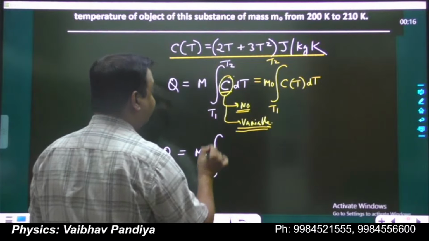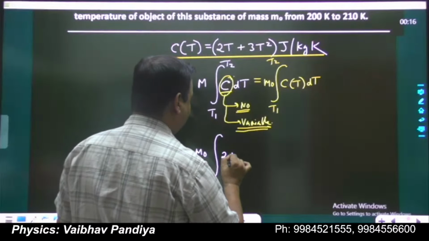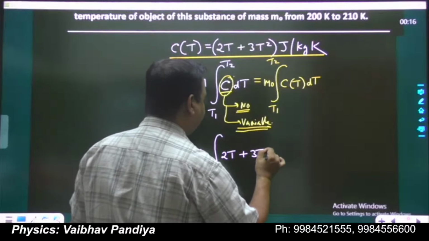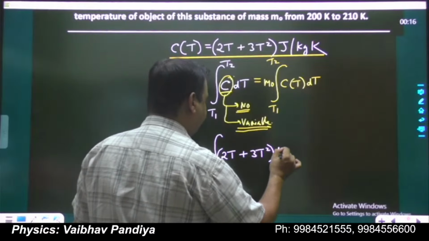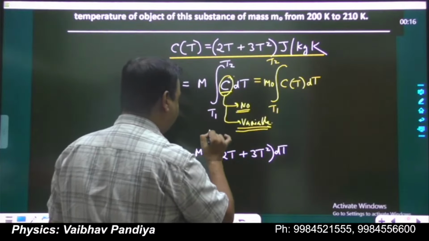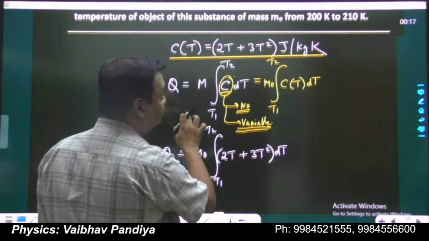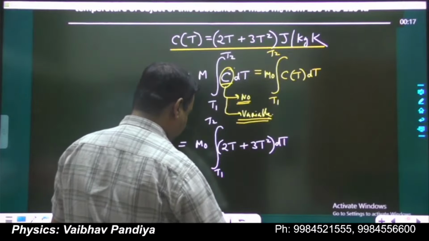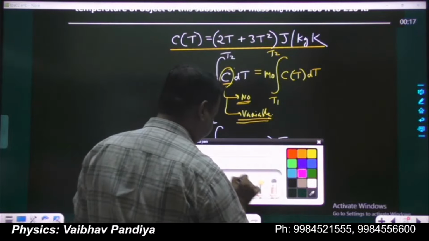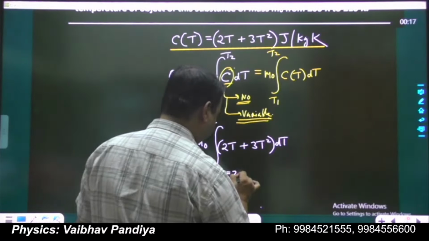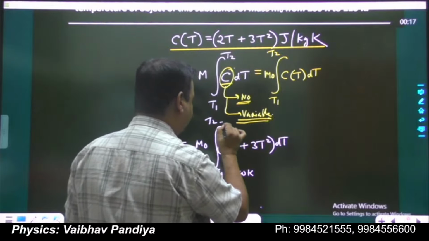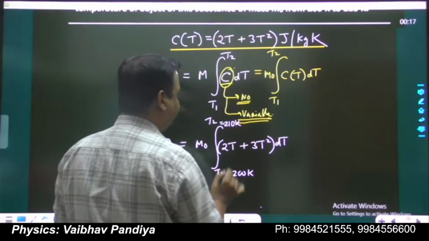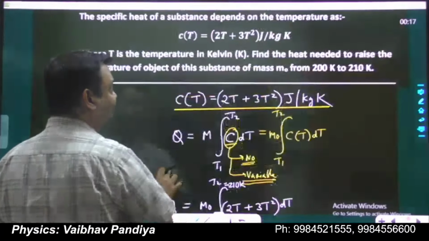Let us put the expression of C, 2T plus 3T square dt from T1 to T2. And what are the limits of T? 200 Kelvin to 210 Kelvin.